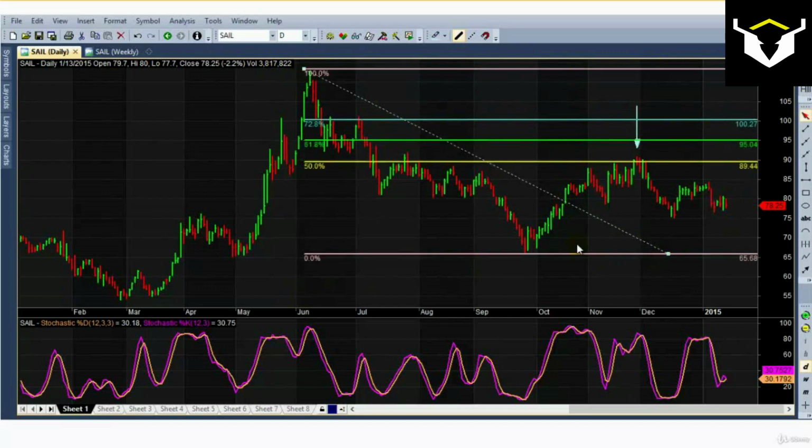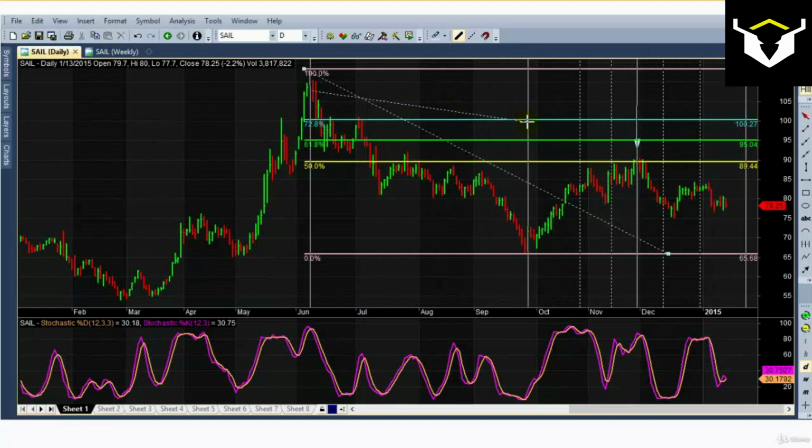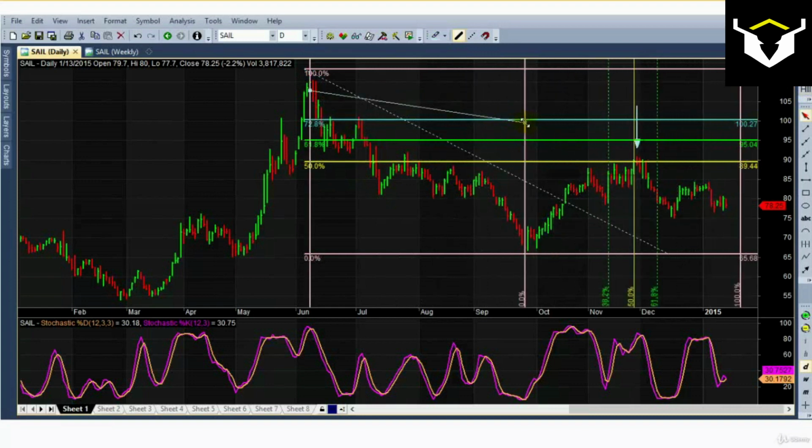You can see the top was made at the 50% retracement level. Next, I want to know if I could suggest this top with time retracement. So I'll select my time retracement tool, click at the start of the time range and the end of the time range and leave it.